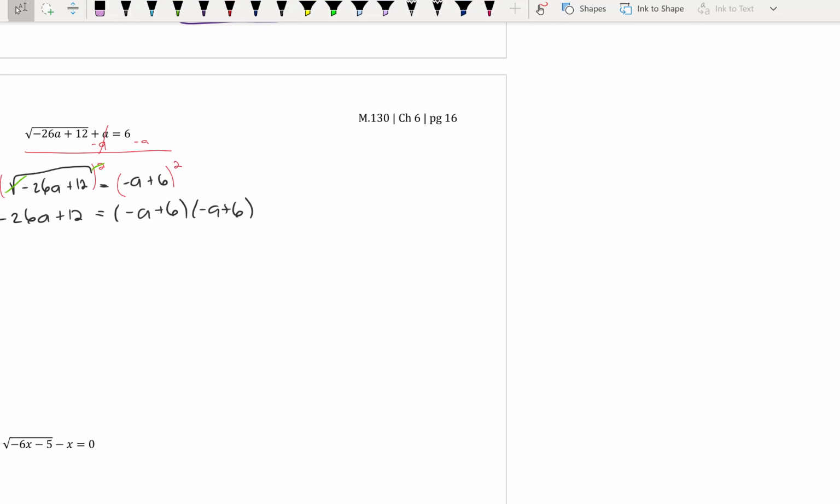What I want to do is, I like the box method for this because I have a lot of negatives and I don't want to lose myself in the negatives. So -a and a 6, and -a times a 6.